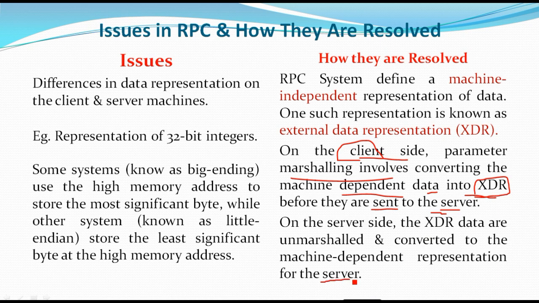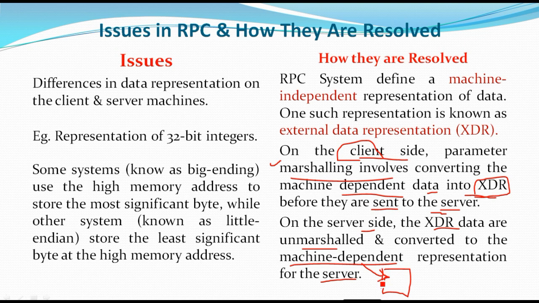So the machine dependent data is marshalled and converted to XDR, the XDR is received by the server side computer, and that data is unmarshalled and converted to the machine dependent representation for the server. So again it is converted to the machine dependent language, and now the server can understand it.